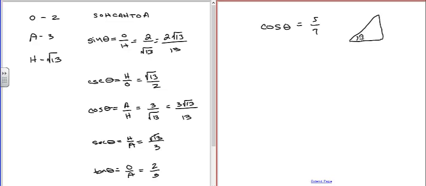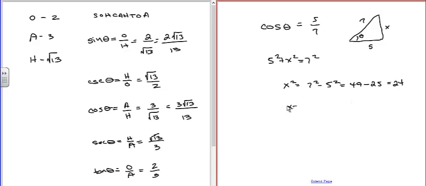So theta is this, and the cosine of theta is adjacent over hypotenuse. Using the Pythagorean theorem to figure out the length of the third side, we have 5 squared plus x squared equals 7 squared. X squared is equal to 7 squared minus 5 squared, which is 49 minus 25, which is 24.